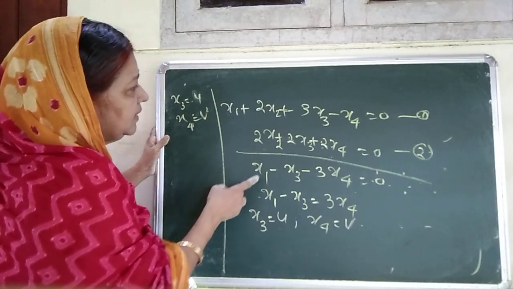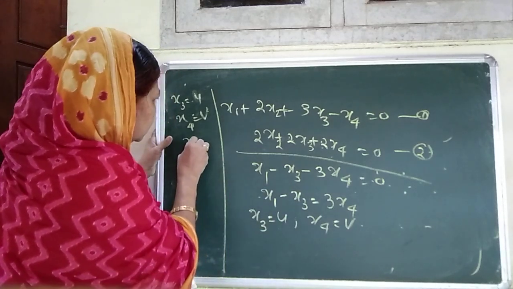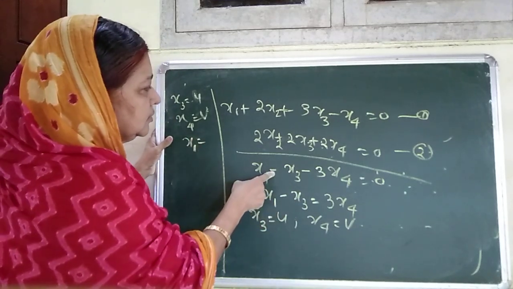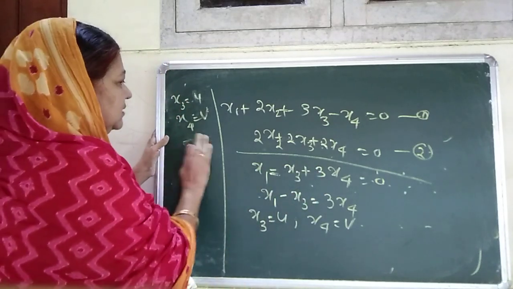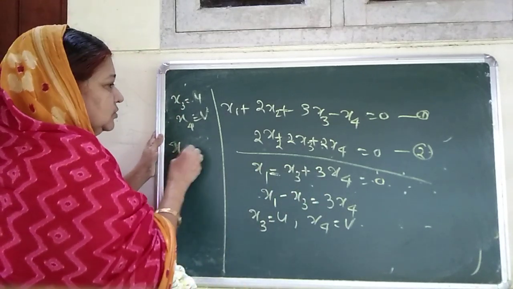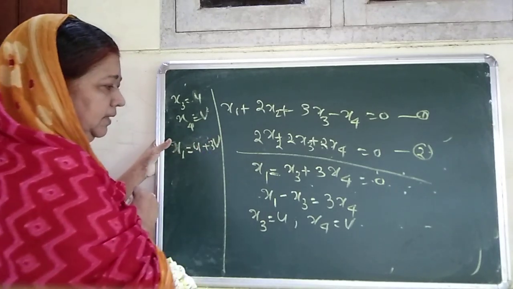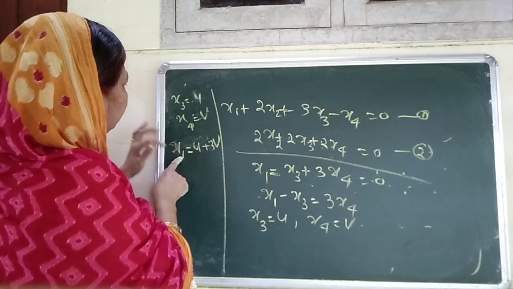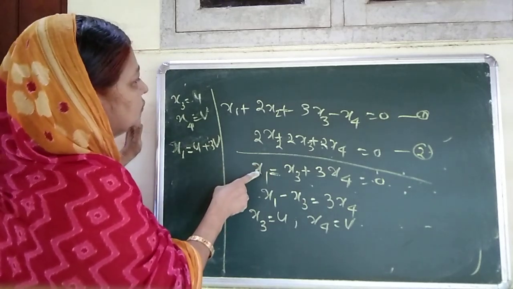And what about x2? x1 equal to x3 plus 3x4, that is x1 equal to u plus 3v. So we find x1, x3, x4. Then the remaining step is to find x2. What is x2?